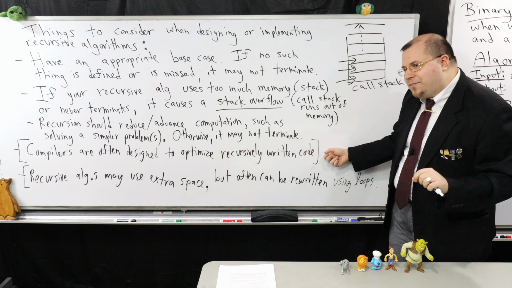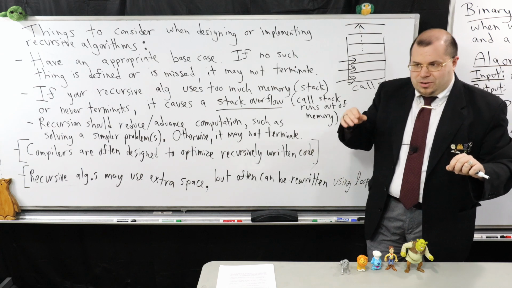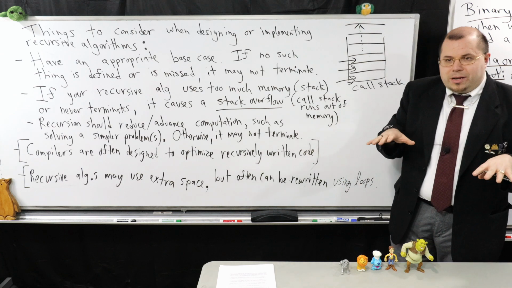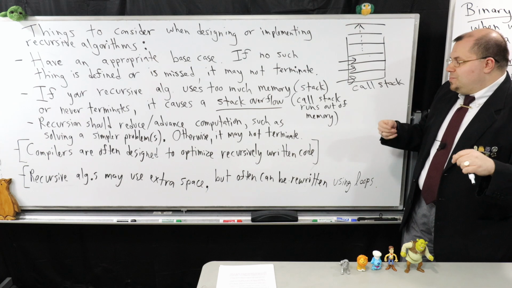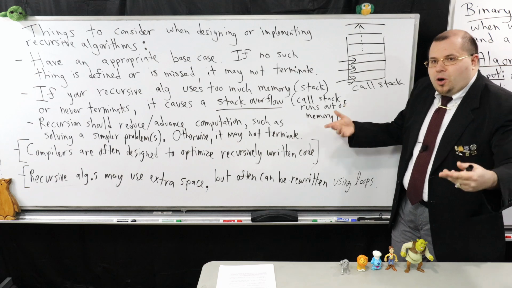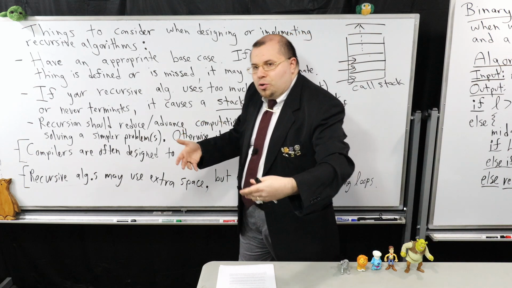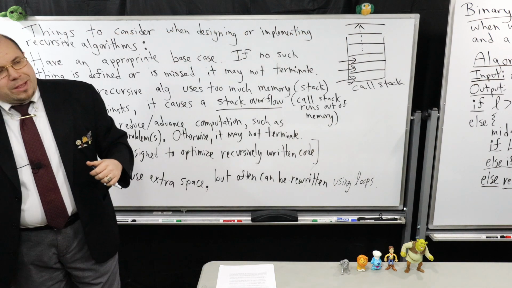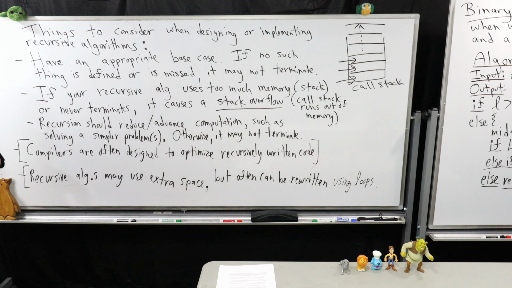So even if you're saying, okay, I can either use the recursive algorithm or an iterative one, this compiler might be able to optimize it in a way that's still going to do fairly well without any extra work on your side.